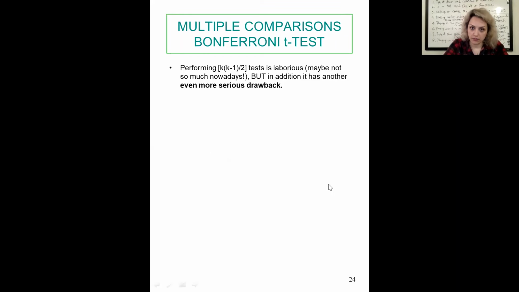Performing the Bonferroni test is complicated and a little challenging by hand. With software it's not that hard. But in addition, it has another, even more serious drawback.